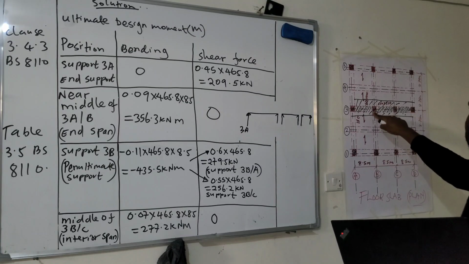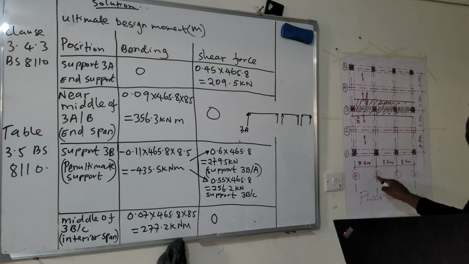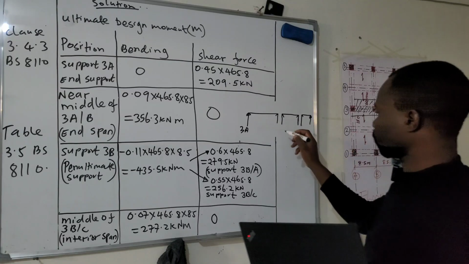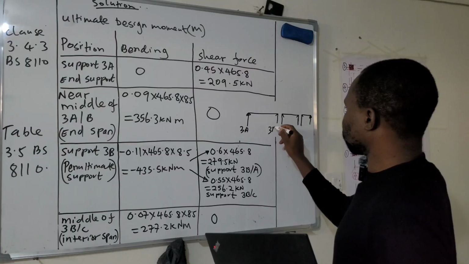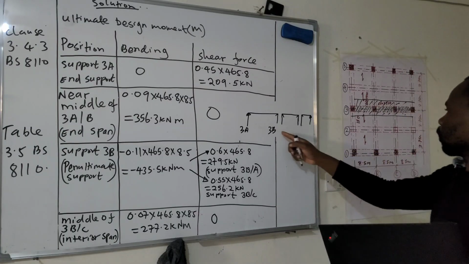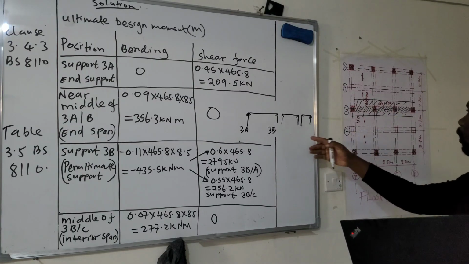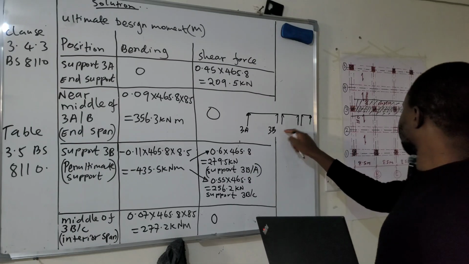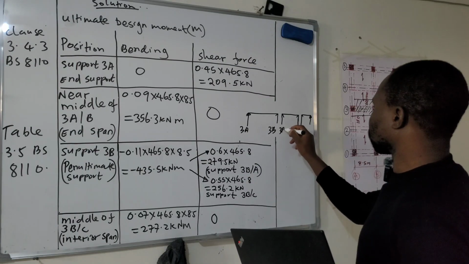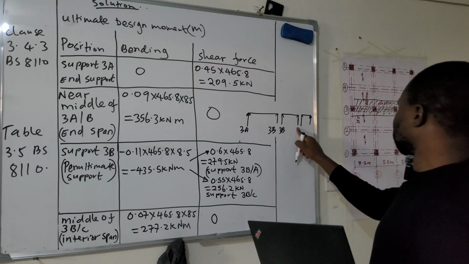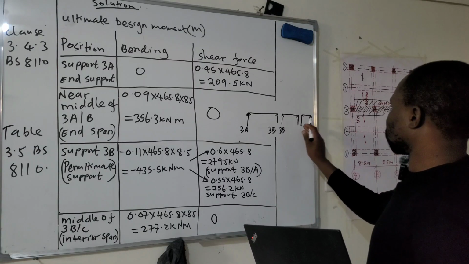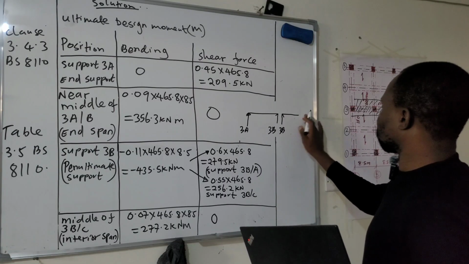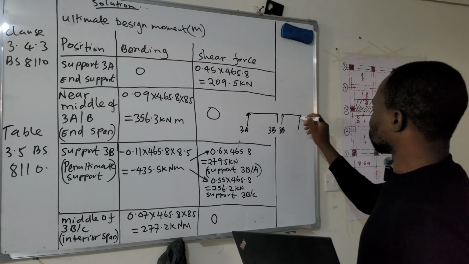And then you have 3B. This one, a half of this 3B. And then you have this one, which is again 3B. But here is C. So let's combine this one.